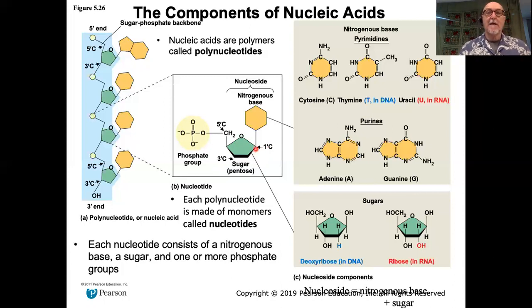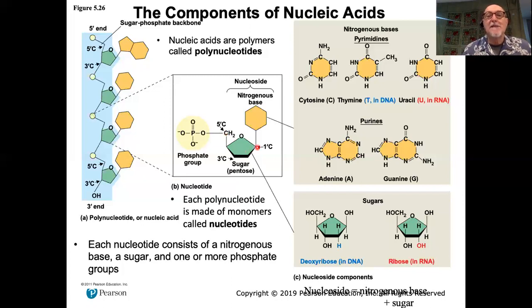So this is the 1' carbon, 2' carbon, 3' carbon, 4' carbon, 5' carbon. They just aren't shown here, for shorthand's sake. There'll be a C there, C there, C there, C there, C there. We need to remember the naming of those sites, because they become very important in our understanding of how DNA actually functions.